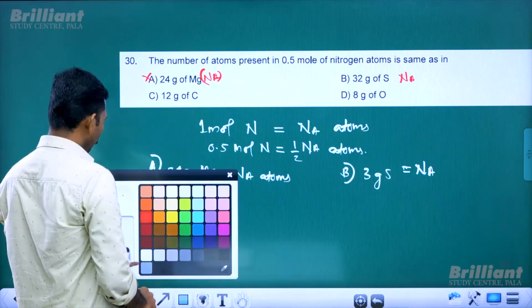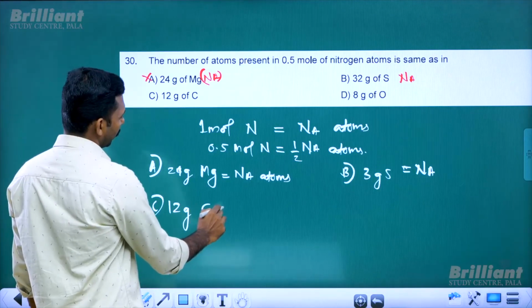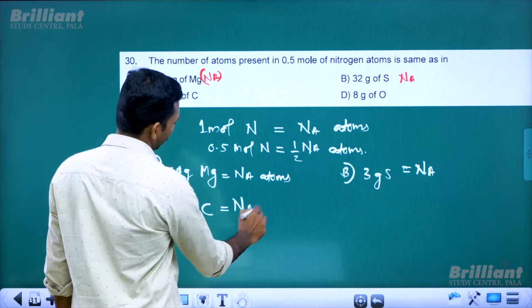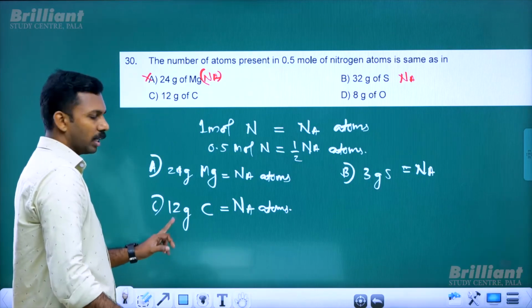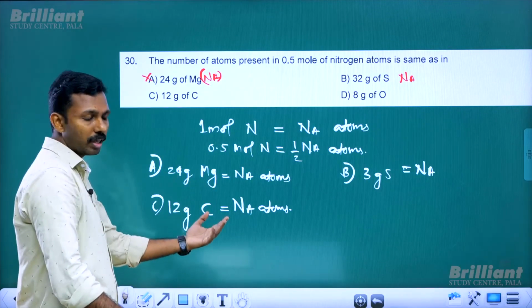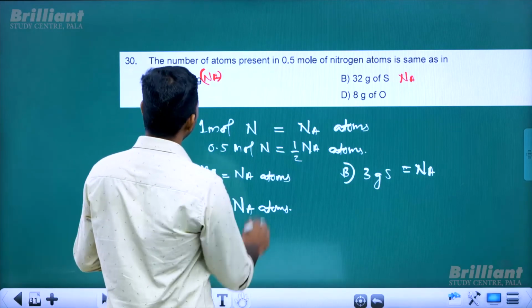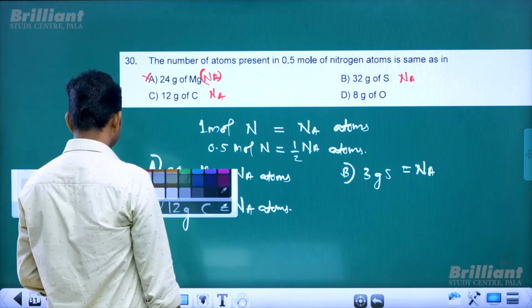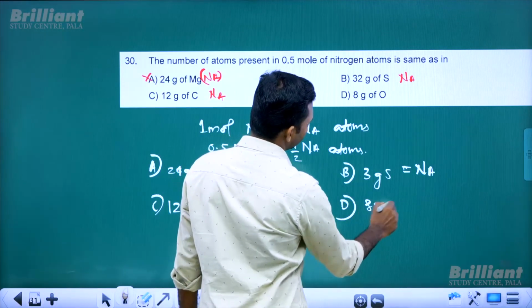Now going to option C, 12 gram carbon. It is also equal to Na atoms. 12 gram carbon means the Avogadro number of carbon atoms are there, so it is also equal to Na. Now going to the last option, D, 8 gram oxygen.